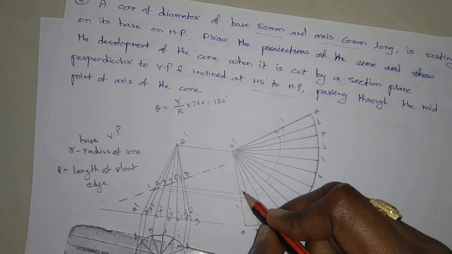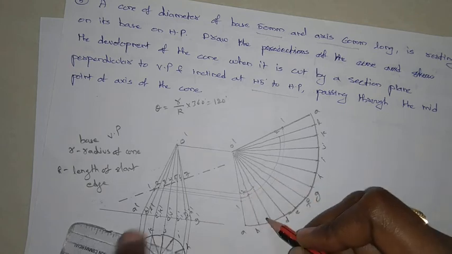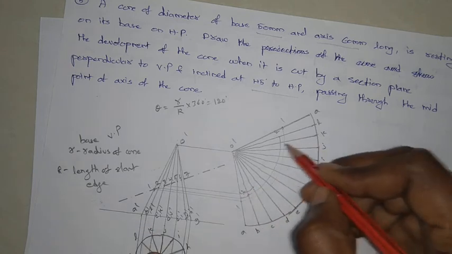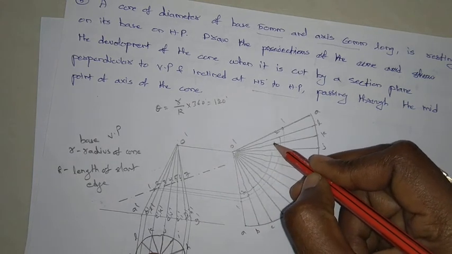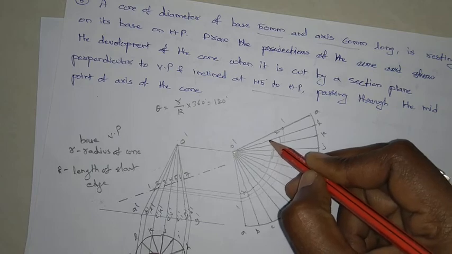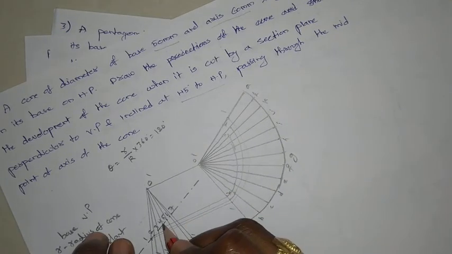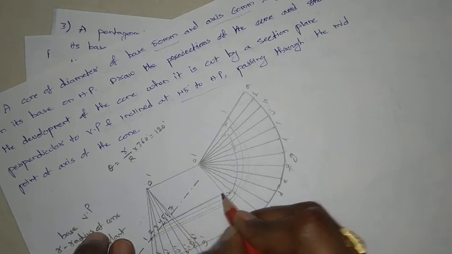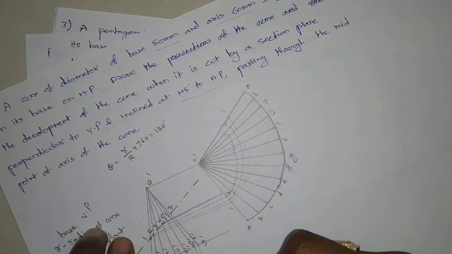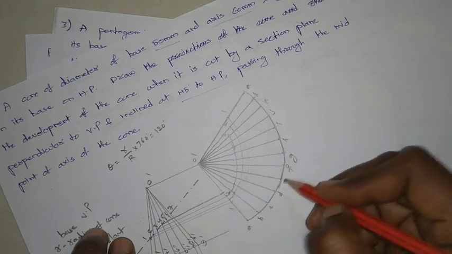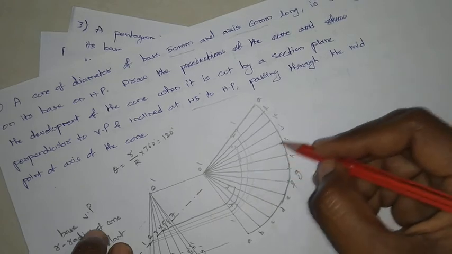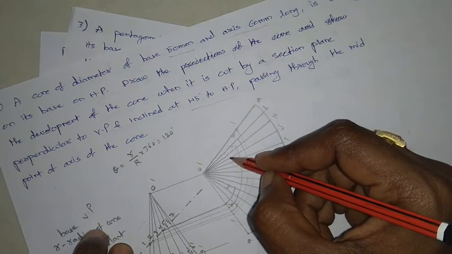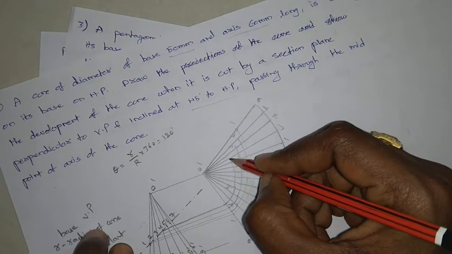So this 3 is lying on C, and one more is K. And this is K. In the same manner project 4 and rotate it. 4 is lying on D and J. So this is 4, and where you have J, here this is J, this is 4.